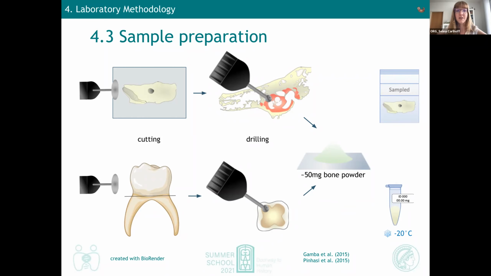And after, of course, each sample, you have to clean everything in the workstation just to make sure that there's also no cross-contamination between the samples. So it's quite likely that it takes longer to clean in between each sample than actually drilling, but you just have to make sure.